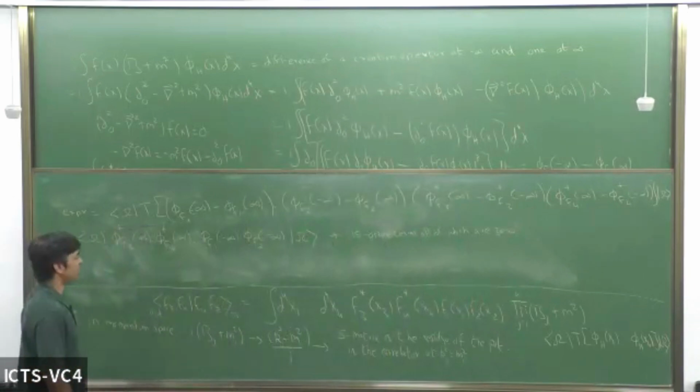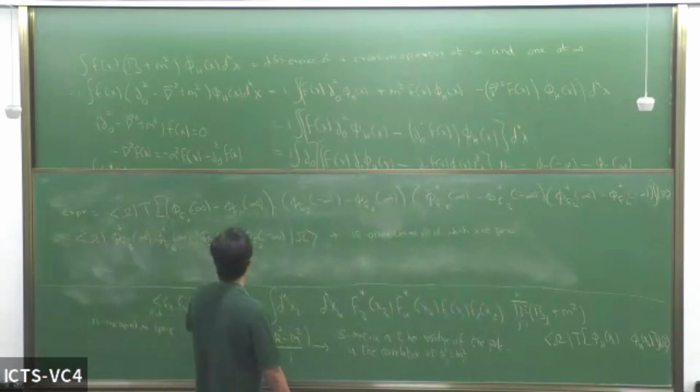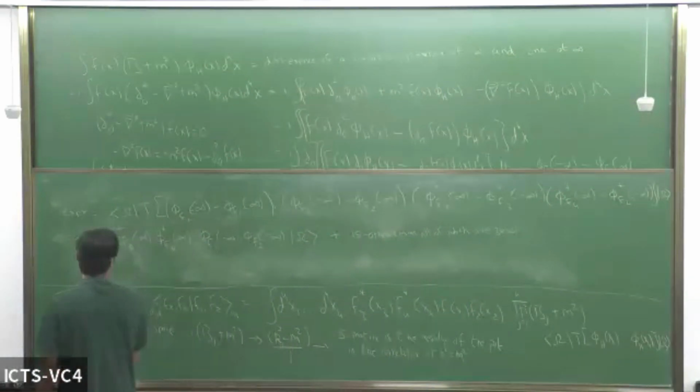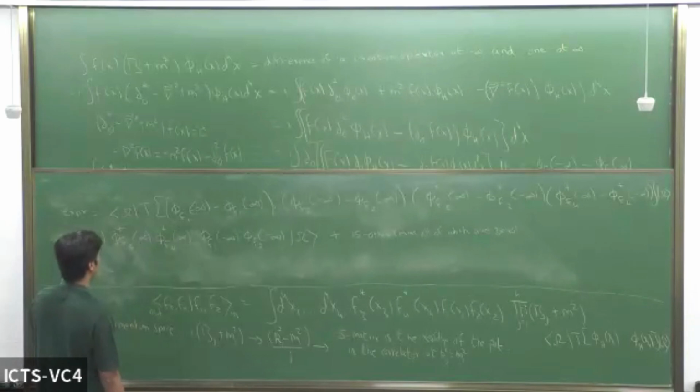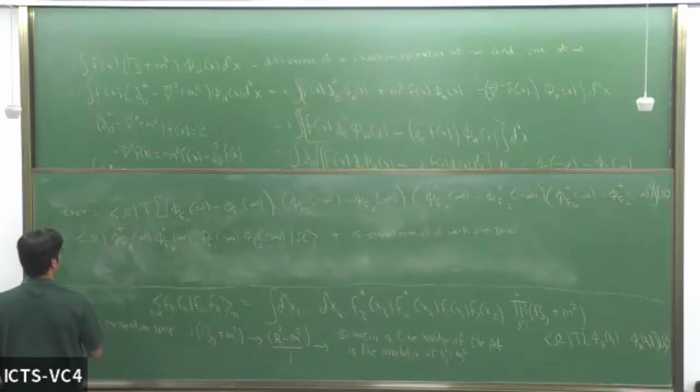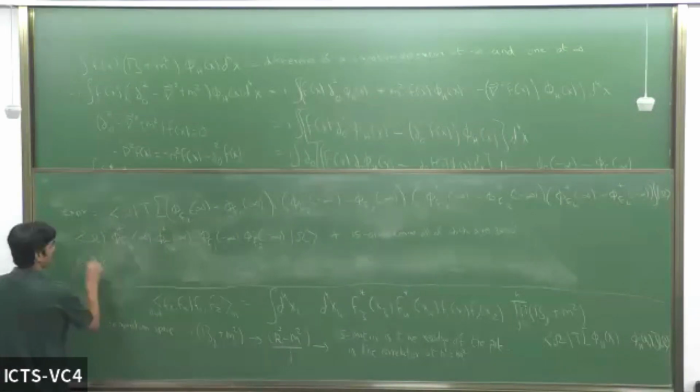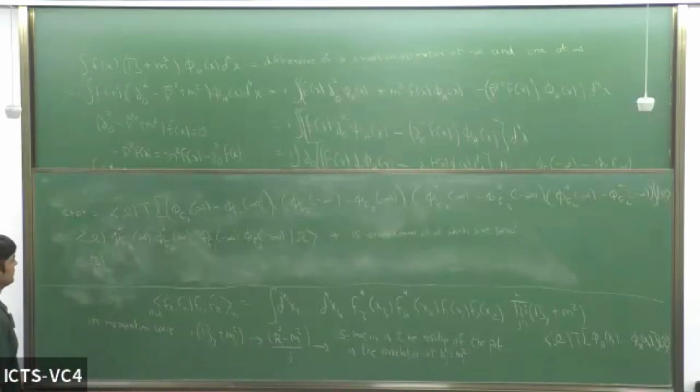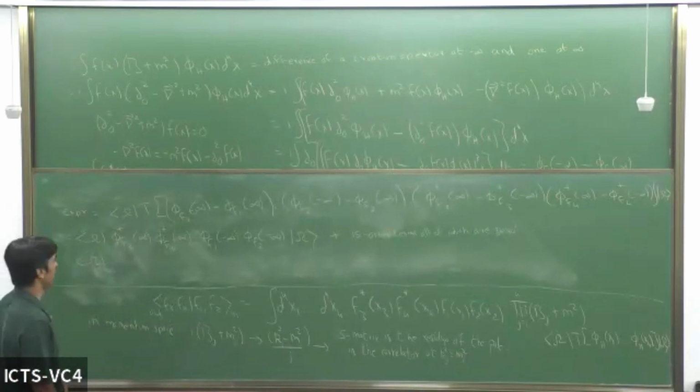Let's look at this guy, and let's look at some case where, let's write down, tell me some other term that we have here. Let's look at phi. You guys tell me which term should we look at? Okay, fine. So let's look at this.